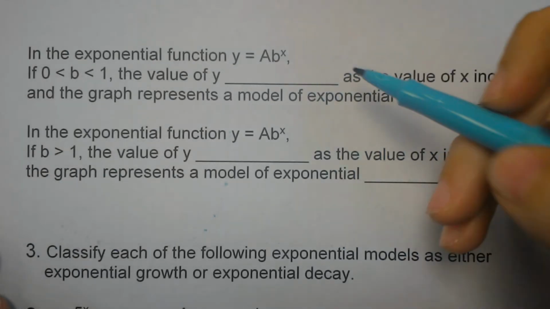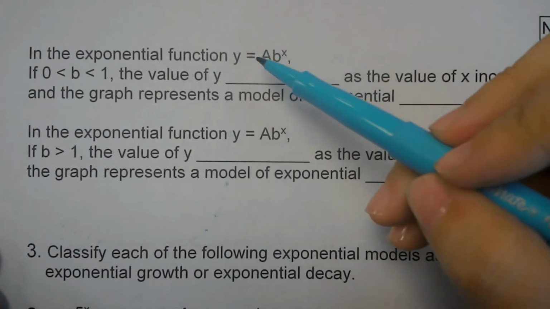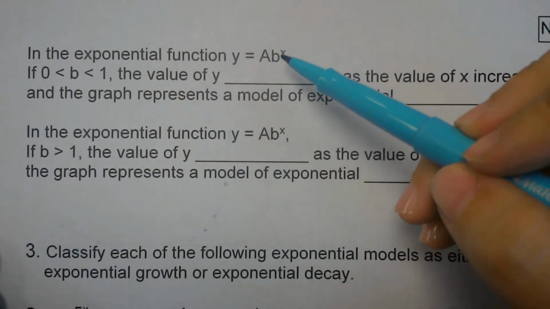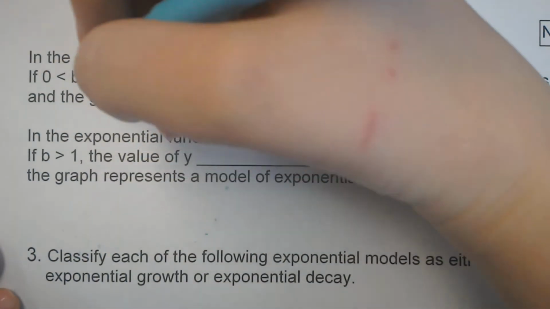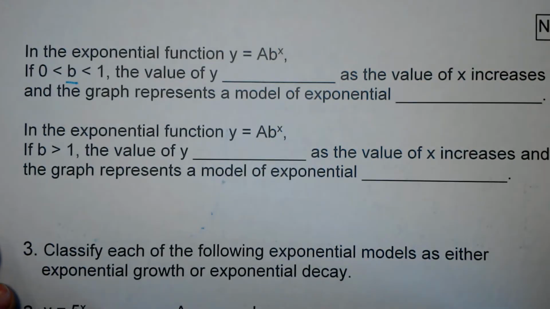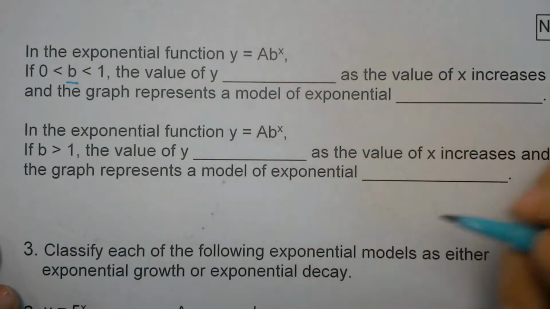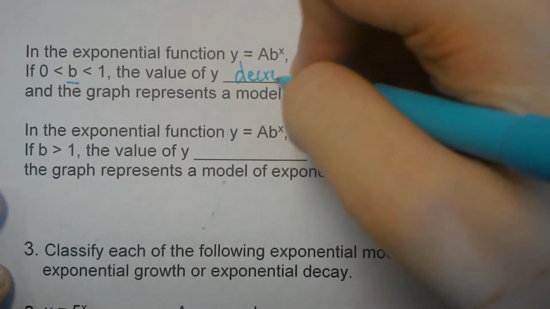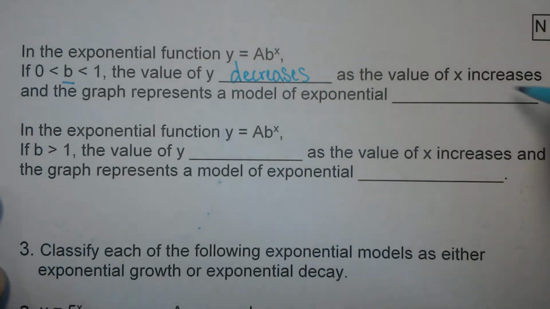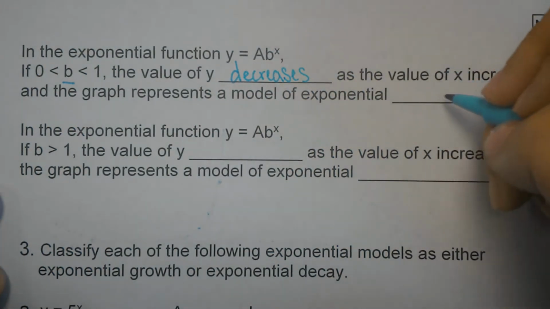And so generally speaking, if we had some equation where we have some constant times our base raised to the x value, our base, b, if it's between 0 and 1, like we previously saw with a half, the value of y decreases as the value of x increases, and so that's a model of exponential decay.